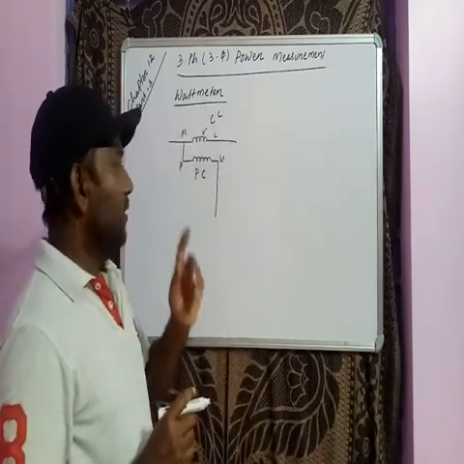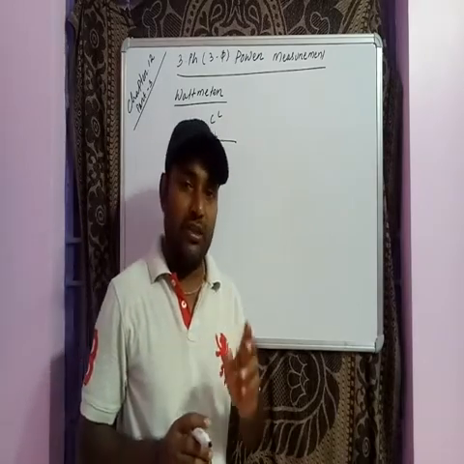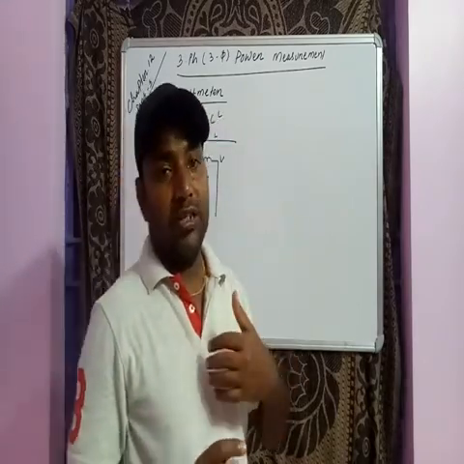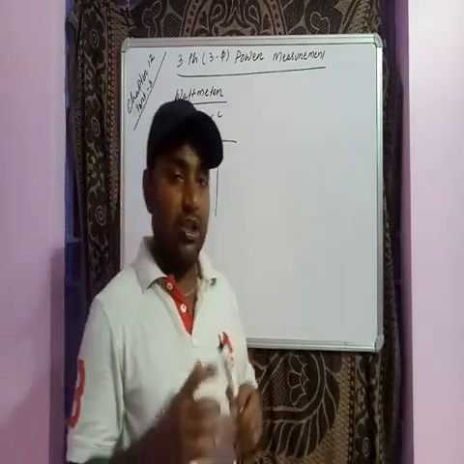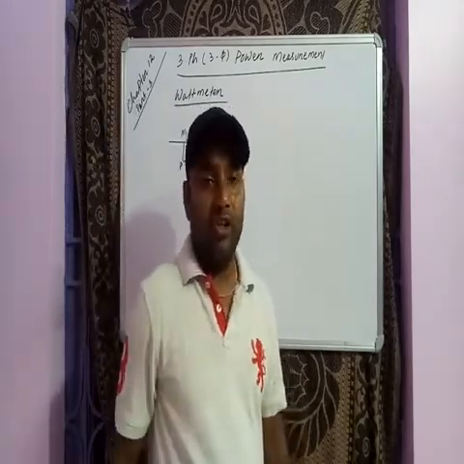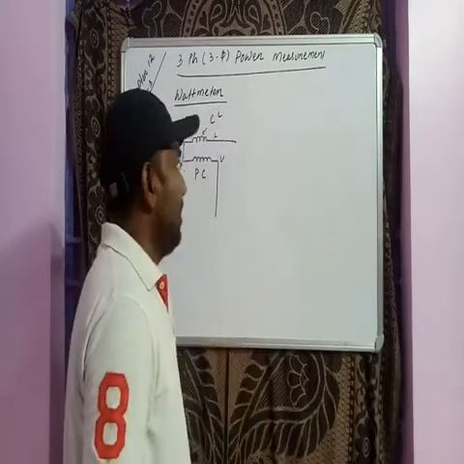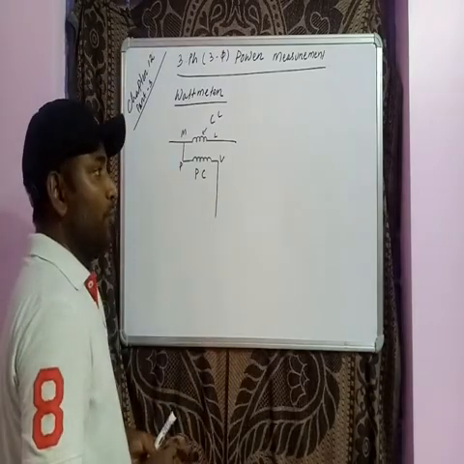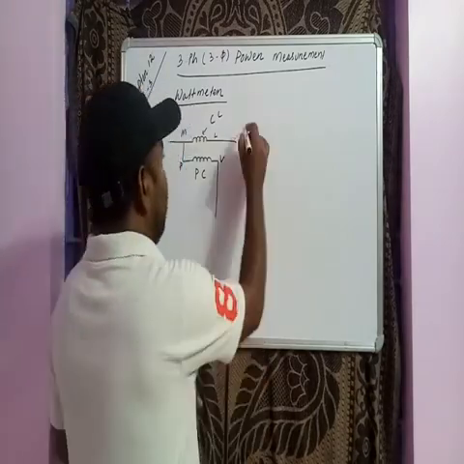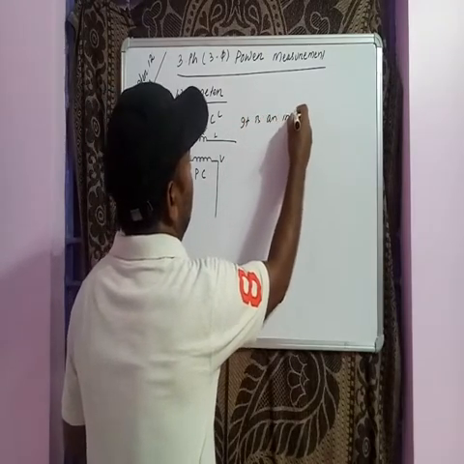The current coil measures the current through the line, and the potential coil measures the potential difference between two lines. So the wattmeter is an instrument used to measure the power, whether single phase or three phase.